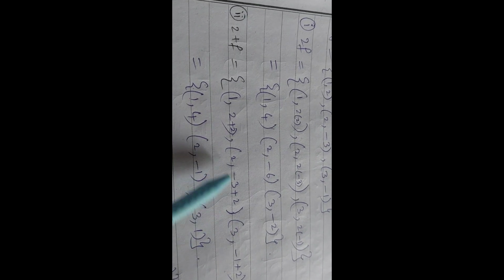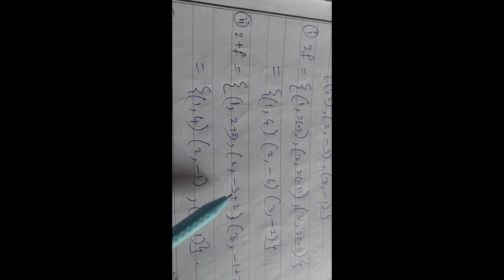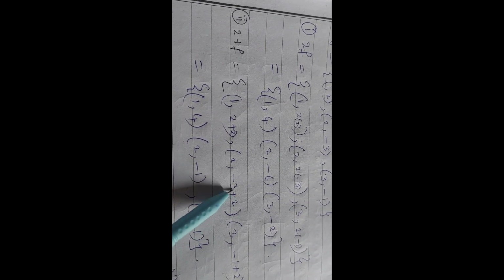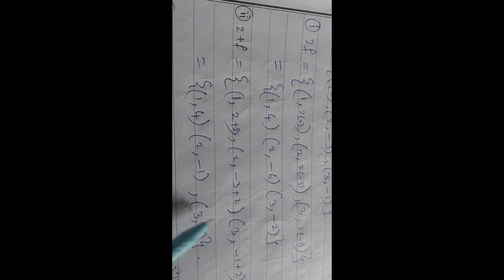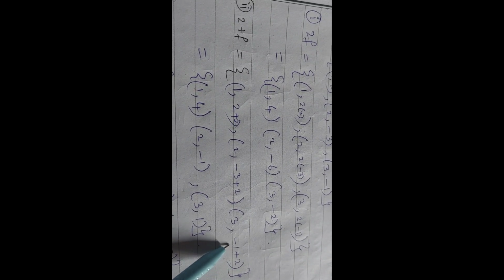So we get the result (1 comma 4) and (2 comma minus 3 plus 2), subtraction 1, bigger number sign minus, and 3 as it is, 2 minus 1 is 1 and bigger number sign plus, 1 is the result.